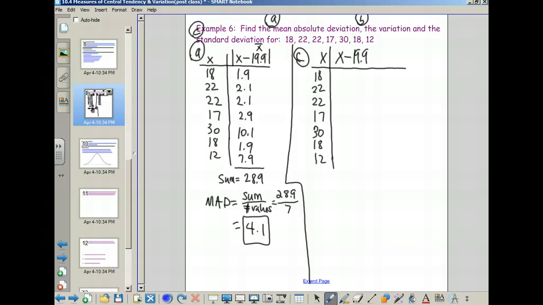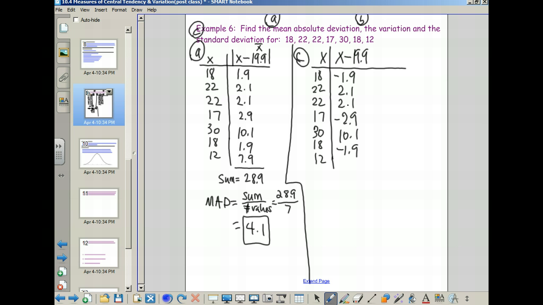So 18 minus 19.9 is actually negative 1.9, isn't it? 22 minus 19.9 is in fact positive 2.1. 17 minus 19.9, that's another negative, negative 2.9. 30 minus 19.9 is a positive 10.1. 18 is another negative 1.9.